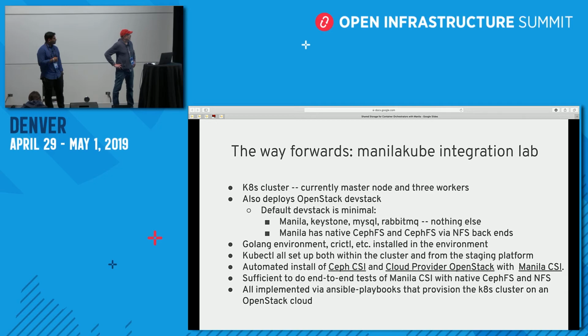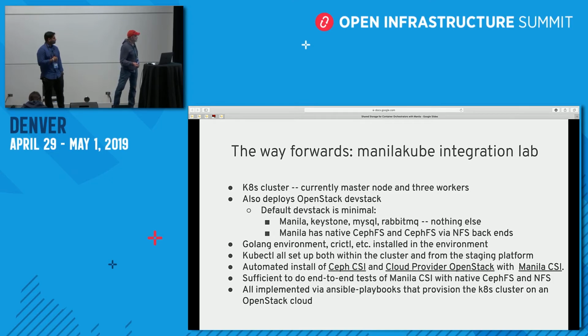And it's got a Golang environment and container runtime control and so on. So it's a nice environment for developers to test ideas, experiment, try out things. It deploys Robert Bashek's, he's also the author of the CephFS side of the Ceph CSI driver.